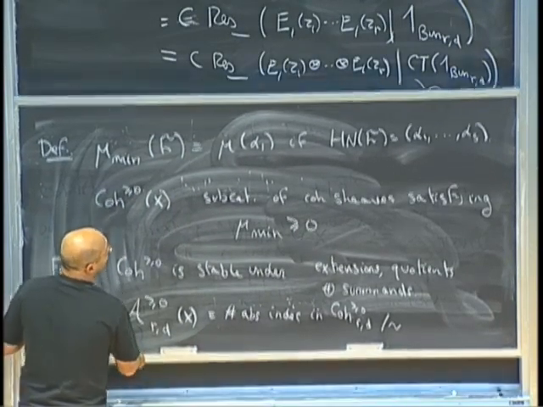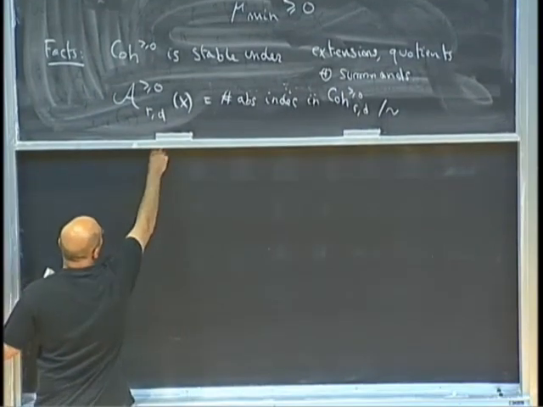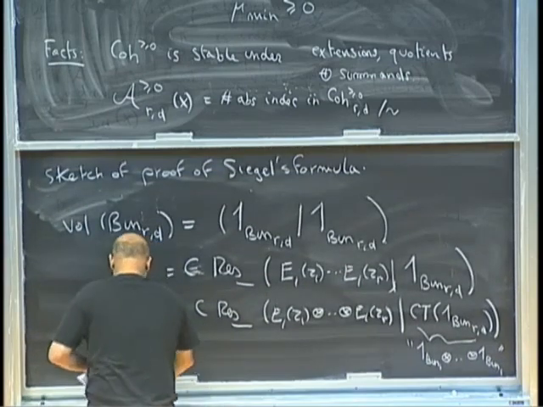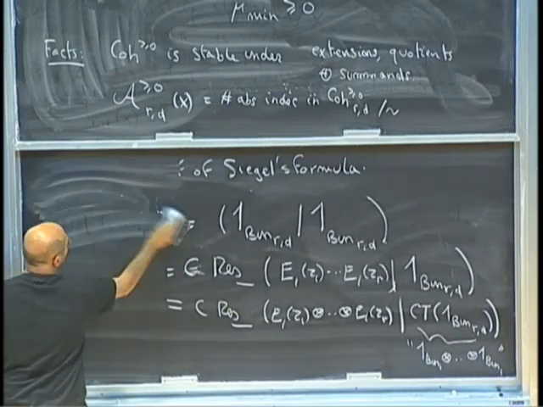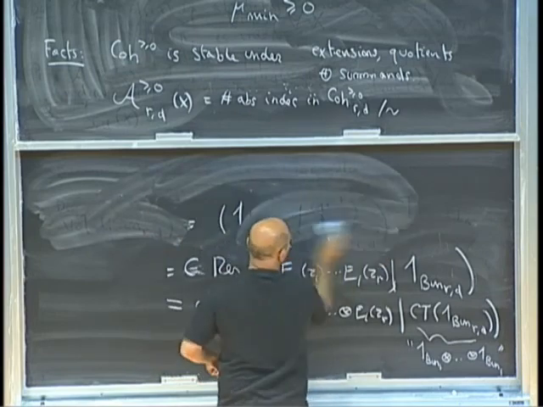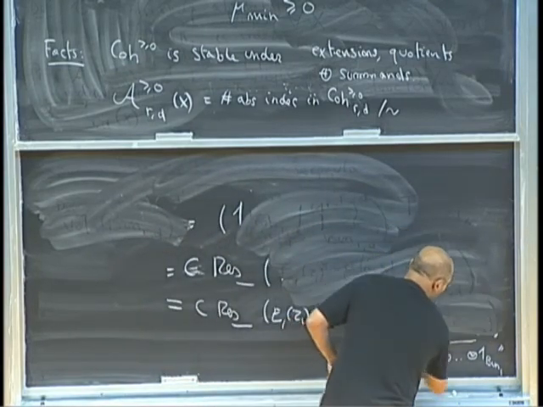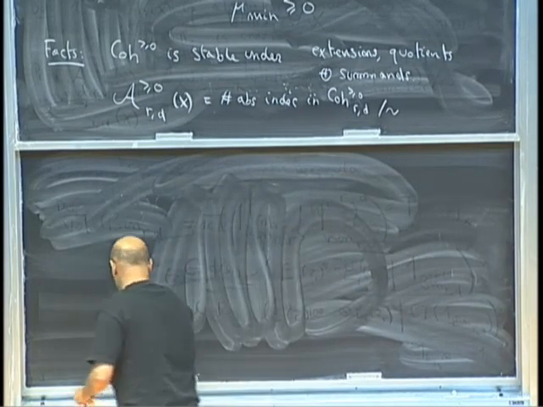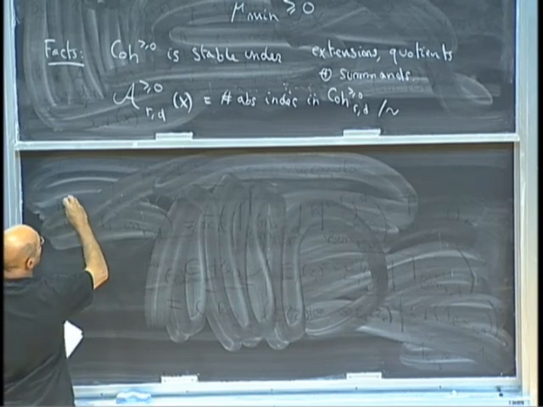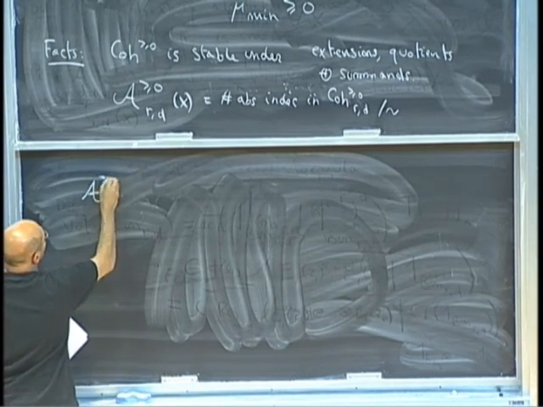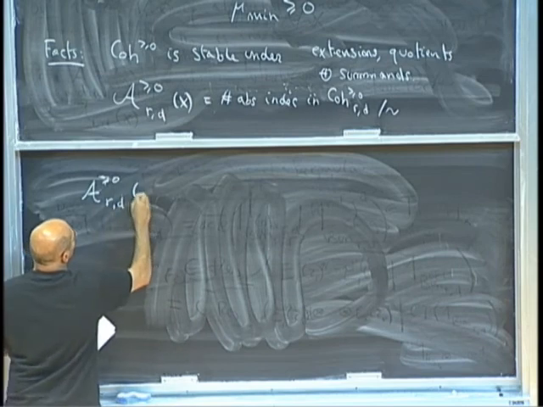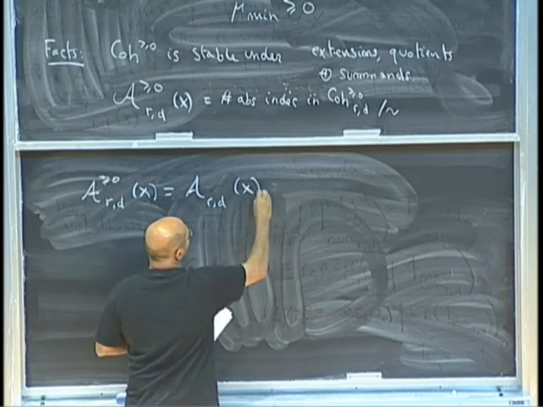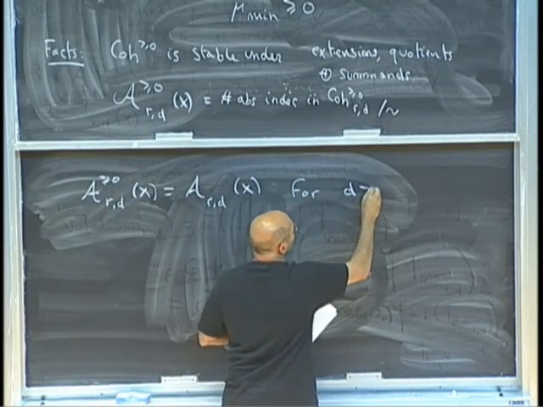Okay, and another fact is that if you manage to compute A_{≥0,R,D}, then you also get A_{R,D}. So A_{≥0,R,D}(X) is equal to A_{R,D}(X) for D sufficiently large.